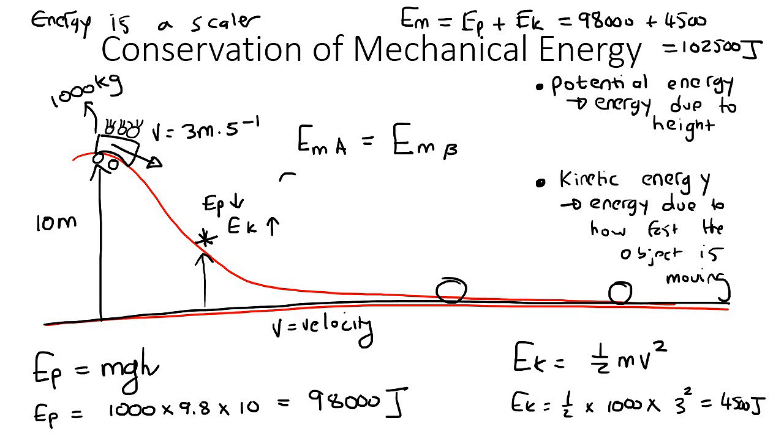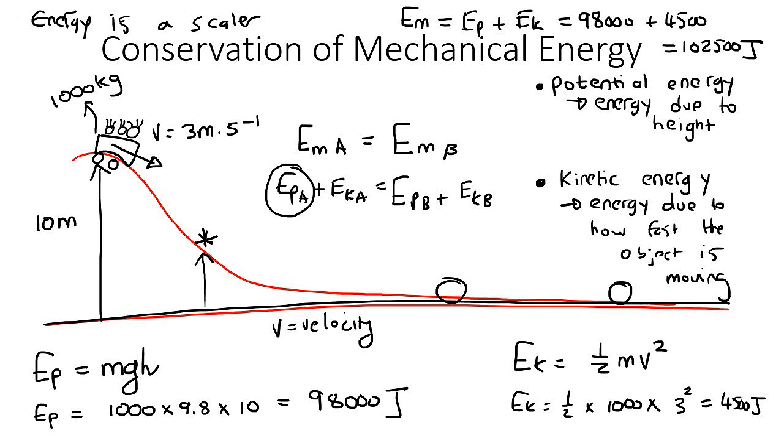So if you take the potential energy at any position A plus the kinetic energy at any position A, because remember, you need those two to be added together to give you the mechanical, then that'll be the same as the potential energy at any position B and the kinetic energy at that position B. Now, if you need to expand this even further, we can come up with a really long formula, but it's really easy.